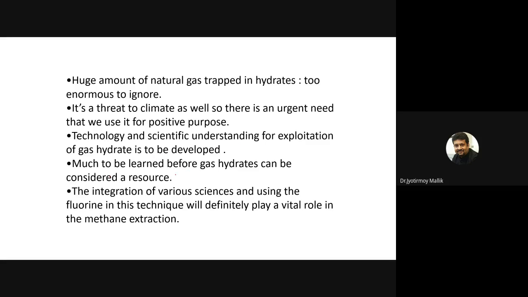Much is to be learned before gas hydrates can be considered a resource. The integration of various sciences using the fluorine technique will definitely play a vital role in methane extraction. You can read about what the fluorine technique is on the internet; it is generally the future for exploiting gas hydrates. So that's all I wanted to talk about on gas hydrates.